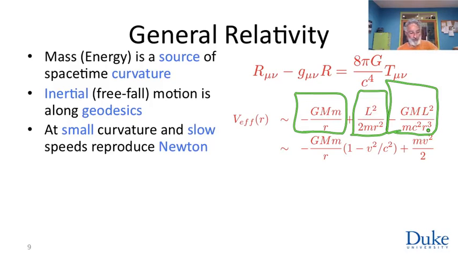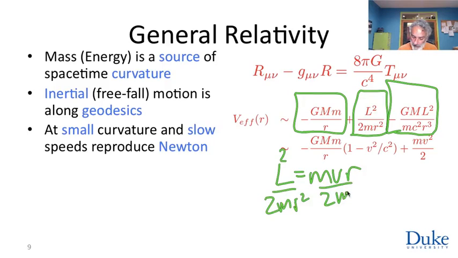This becomes a little more sensible if you make the somewhat unjustified statement that the angular momentum is mvr. This is true for motion in a circular orbit. Plugging L equals mvr into this equation simplifies things a great deal. For example, L squared over 2mr squared becomes, let's write it out so you don't accuse me of cheating, m squared v squared r squared over 2mr squared, and now I do all my handy-dandy cancellations.